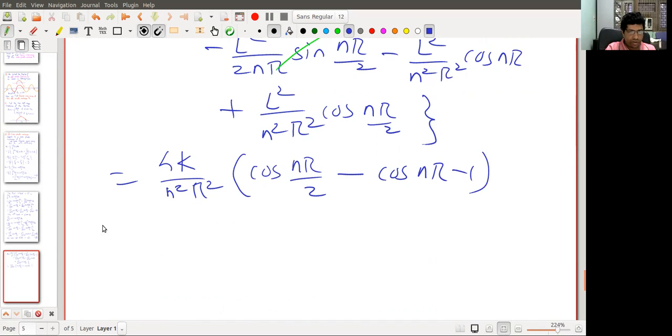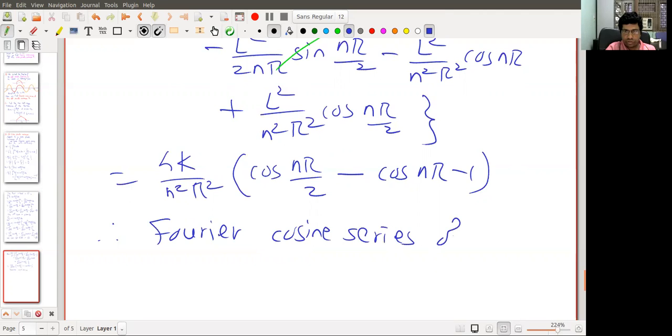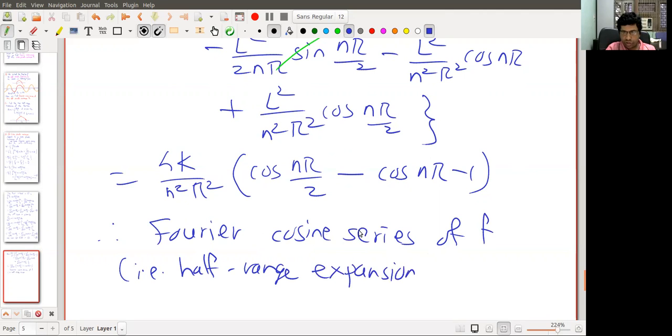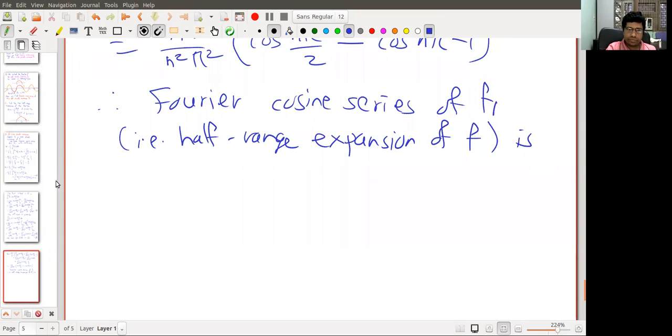Okay, now we can write Fourier cosine series of f1, that is half range expansion of f, is a0 plus summation an into cos n pi x by L, n is 1 to infinity.